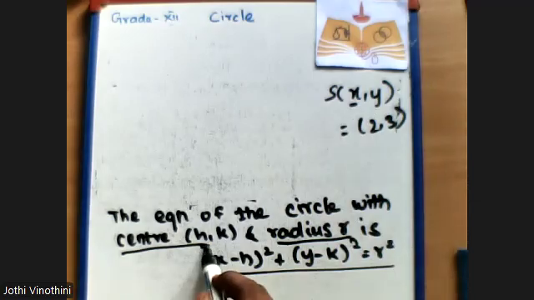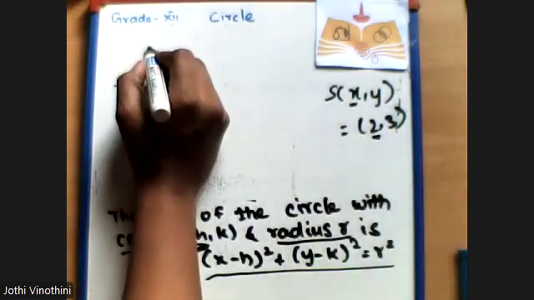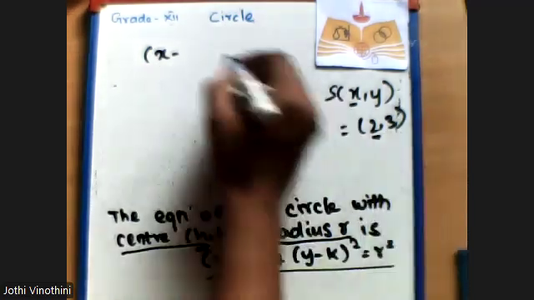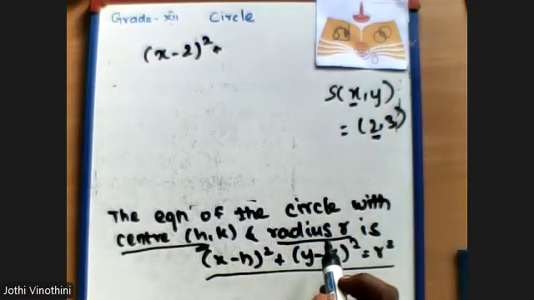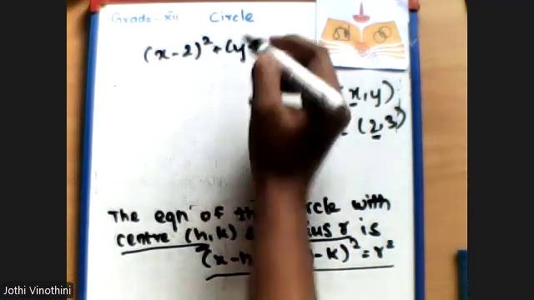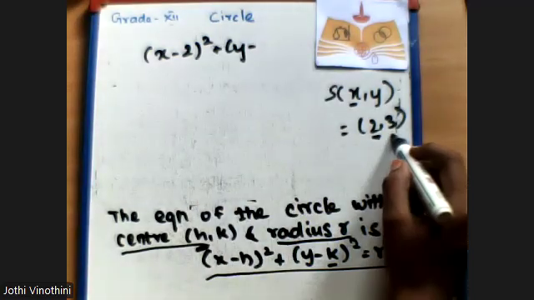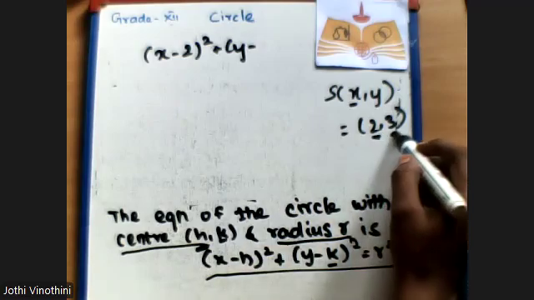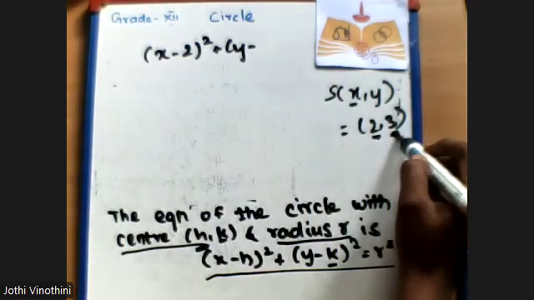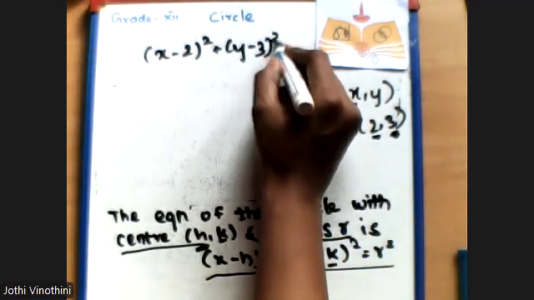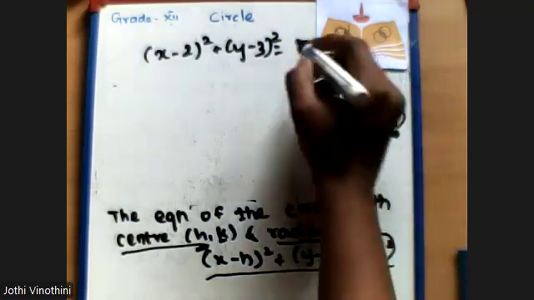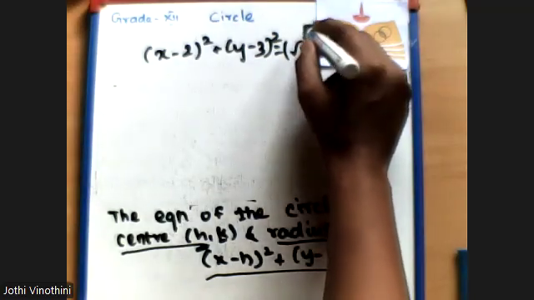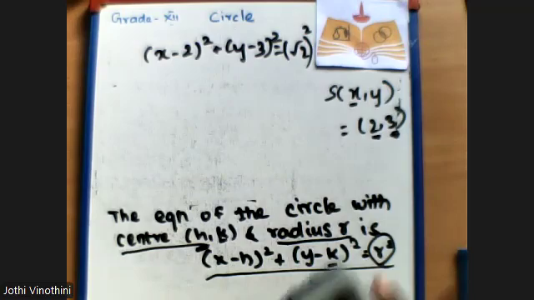So in place of h we have 2, so the formula will be (x minus 2) the whole square plus (y minus 3) the whole square, equals the radius square. What did we find out for the radius? Radius equals root 2, so root 2 the whole square. Right?